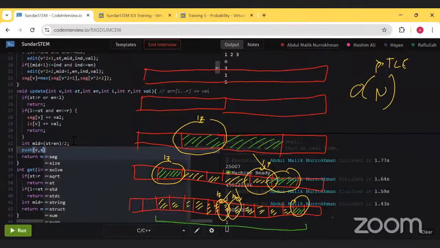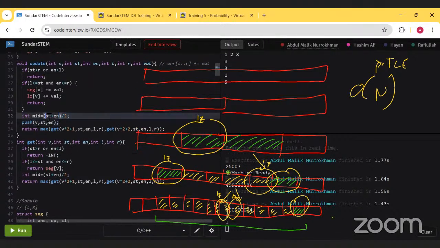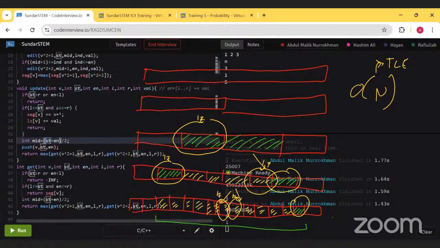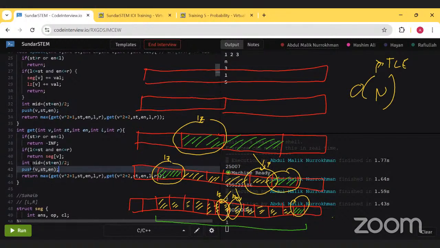This is the VSTN. And don't forget, if we have some lazy propagation here, we also push when we want to query. If we want to query, then we also have to do the task first.